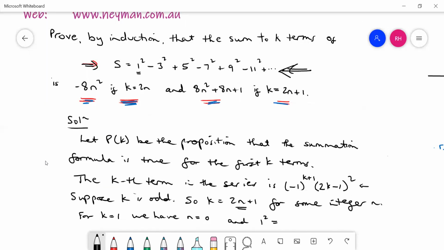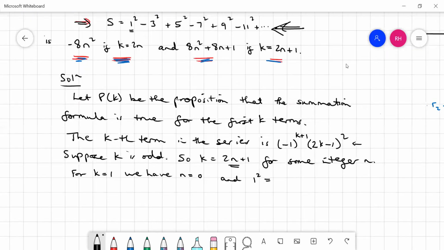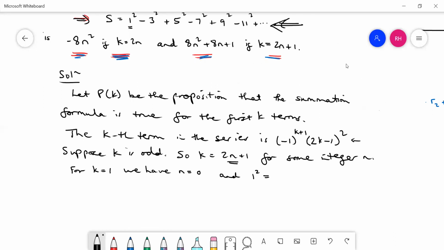And what does that equal? Well, we're expecting it to equal this because it's odd. And so n equals 0. So it's 8 times 0 squared plus 8 times 0 plus 1.